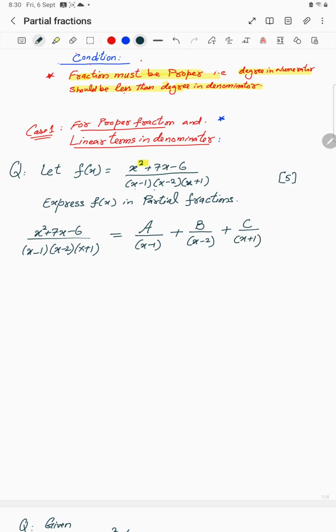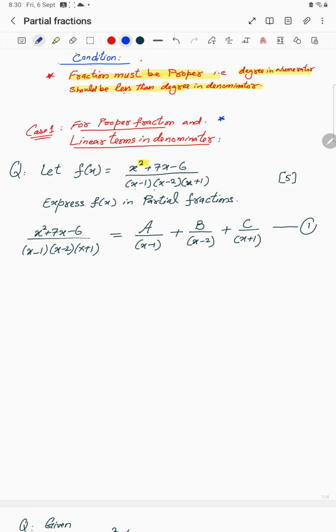After knowing the values of A, B, C, we will be able to resolve the given fraction into partial fractions in three parts, right? Suppose this is equation number 1.